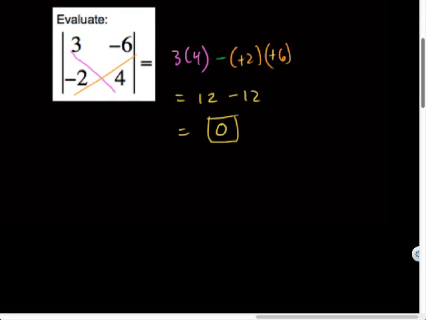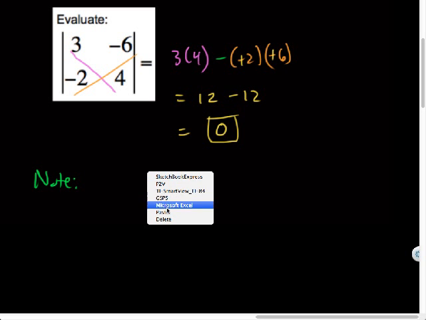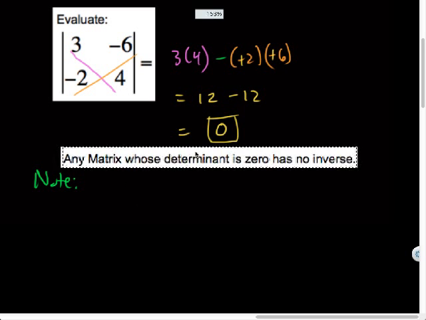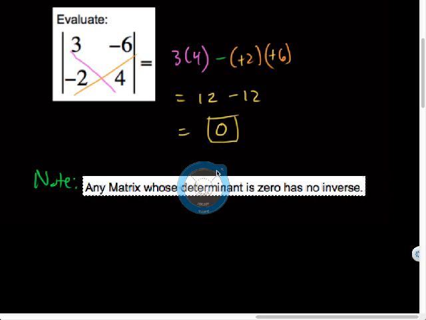And a special note about determinants that are 0 is this. Important note. Any matrix whose determinant is 0 has no inverse. Intriguing.